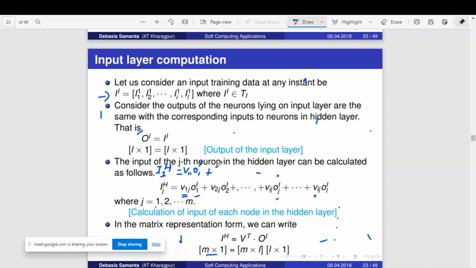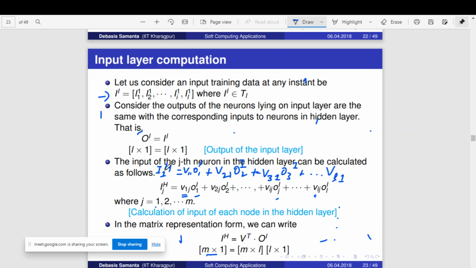Okay, similarly then V21 O2I plus V31 O3I, and so on and so forth up to VL1 OLI. Okay, because how many neurons do we have in the input layer?